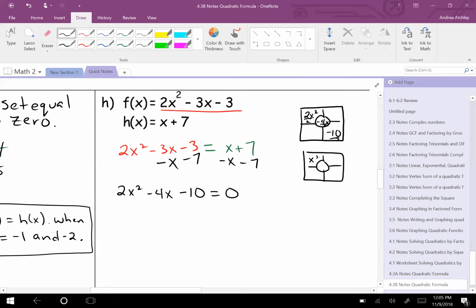So this becomes x squared, this becomes negative 2x, and this becomes negative 5. So this is x times x. What multiplies to 5? Is that going to work? Is there anything else that multiplies to 5? No. It can't factor. So sad.